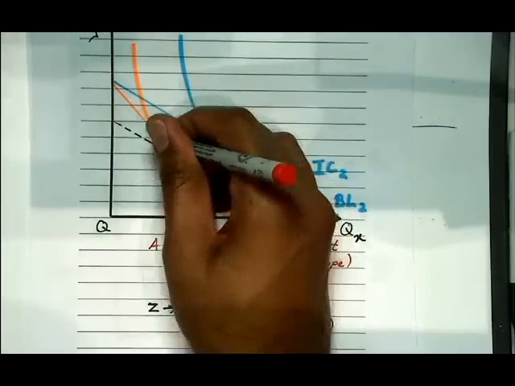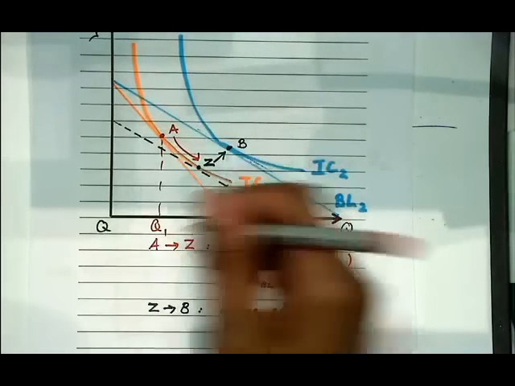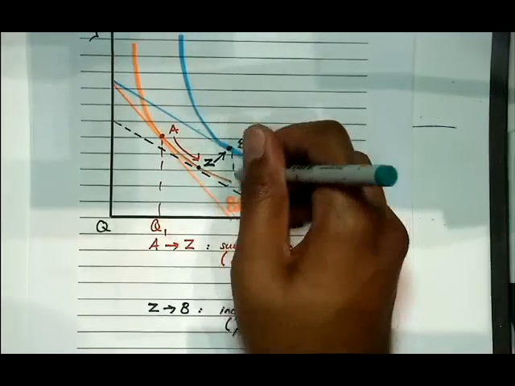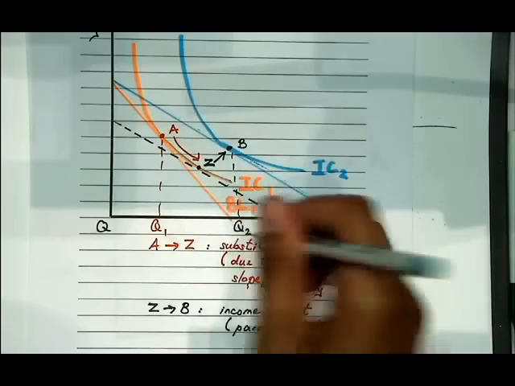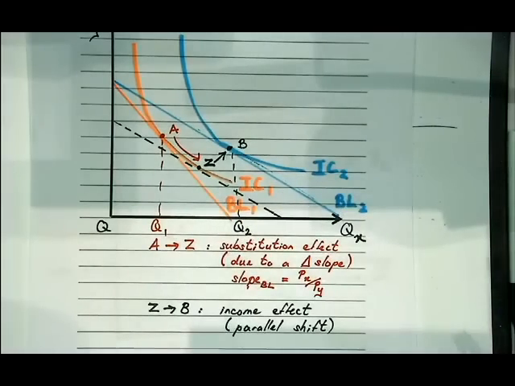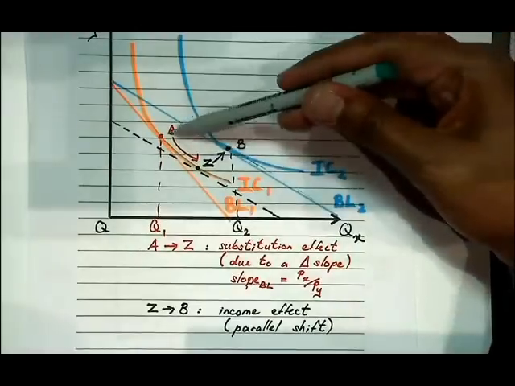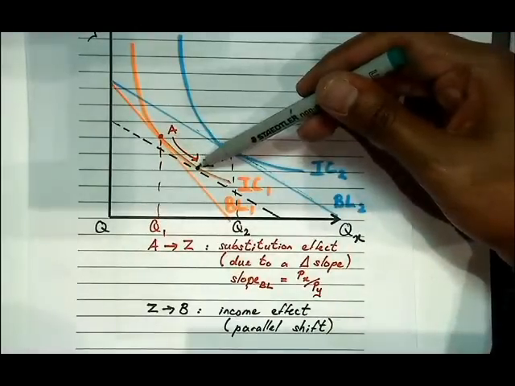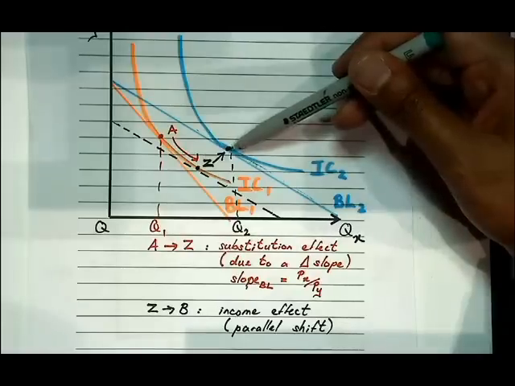So we've gone from A, Q1, to B, Q2. Some of the reason from A to B is the substitution effect. Some of the reason from A to B is the income effect.